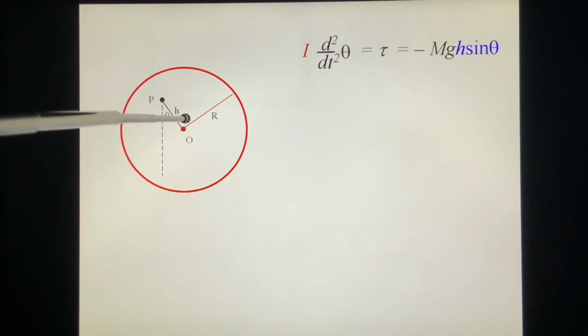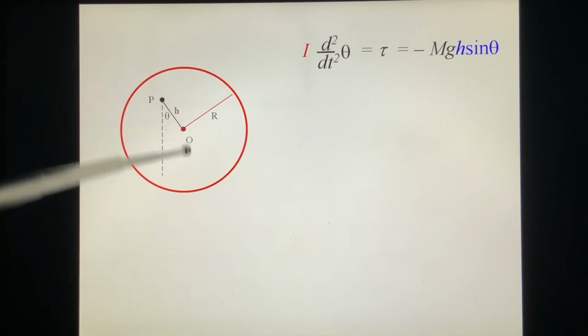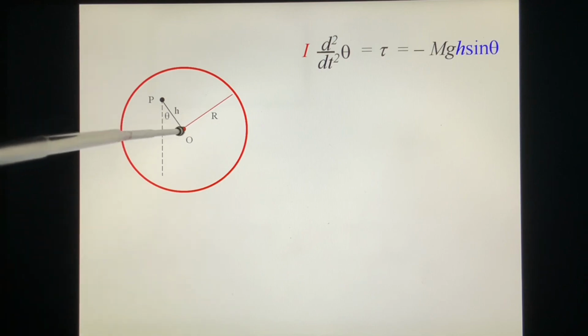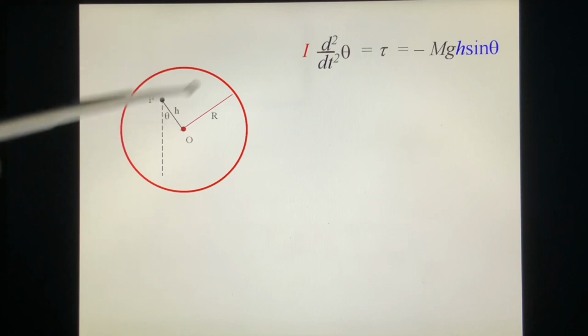Let's write the equation first. Look at the P. Around the P, we have I alpha equal to tau, right? The tau here is only from the gravitational force. We call it F times R perpendicular. R perpendicular here is h sine theta.